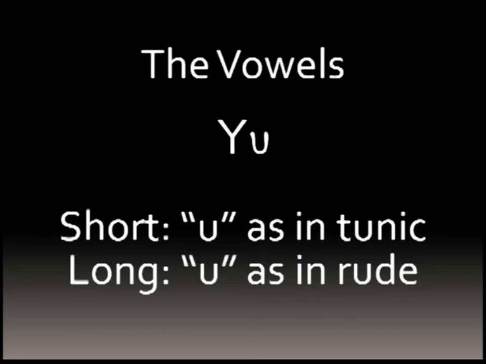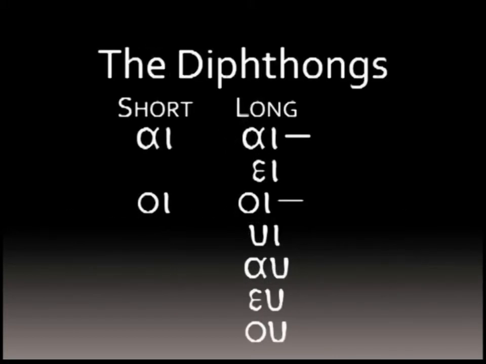Tunic, rude. As far as diphthongs are concerned, there are two short diphthongs, the AI diphthong and the OI diphthong. For the long, there are all these diphthongs. There are 7 of them. The AI and the OI are long only when they are followed by other letters in the same word.